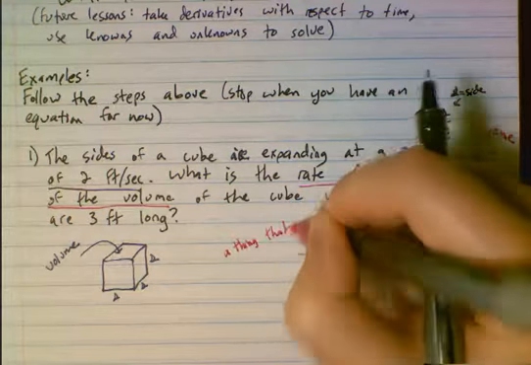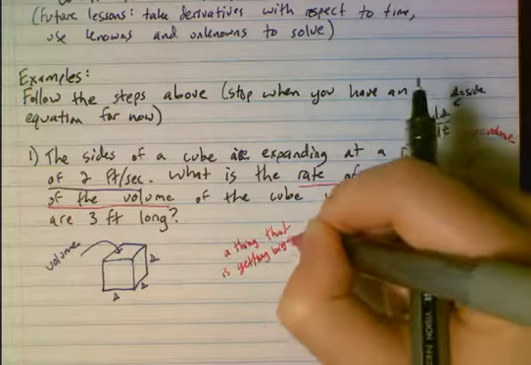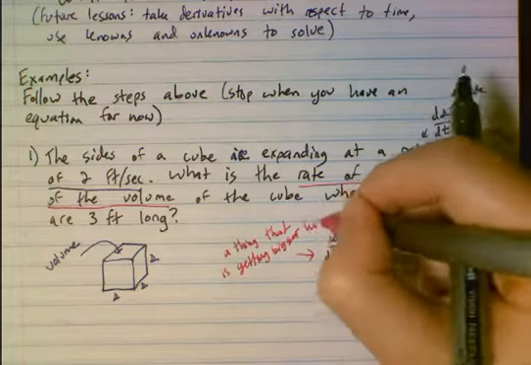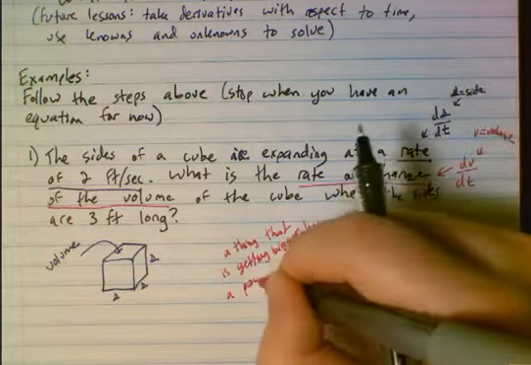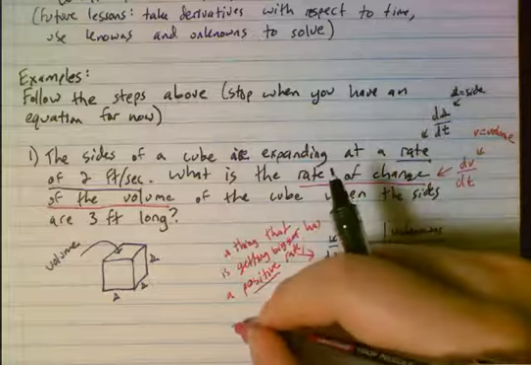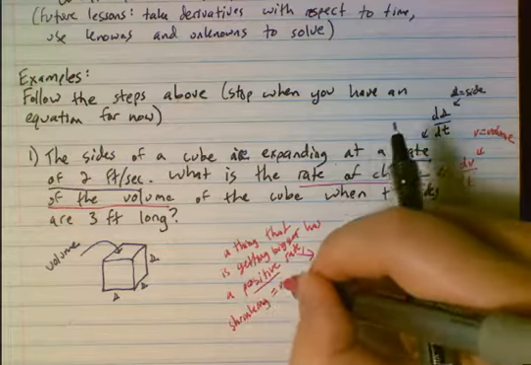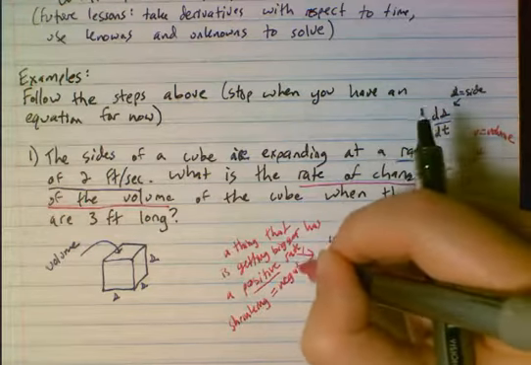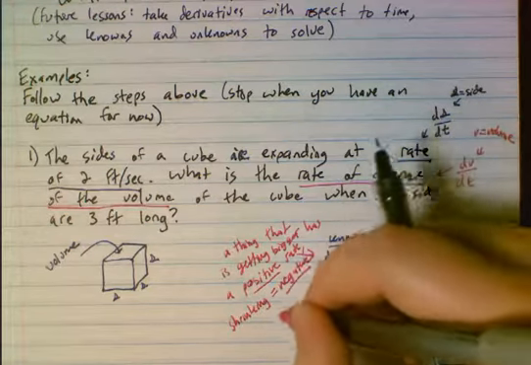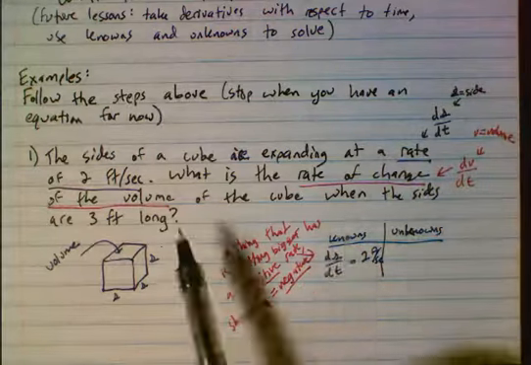A thing that is getting bigger has a positive rate. Shrinking equals negative rate. So that's a known.